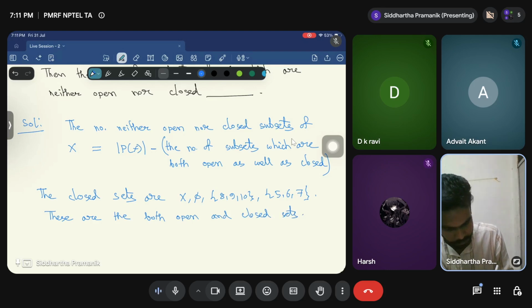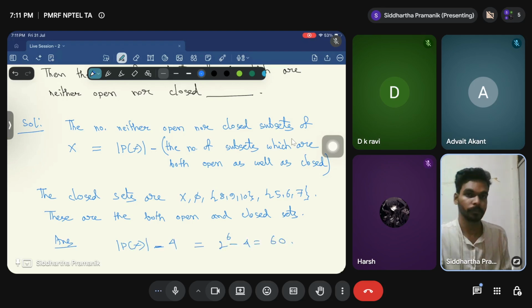So the answer is cardinality of the power set of X minus 4, and this is 2 power 6 minus 4, this is 60. Is it okay?